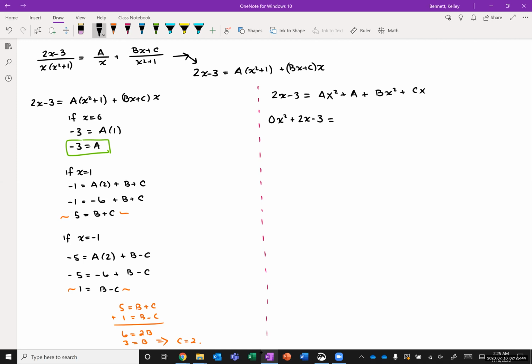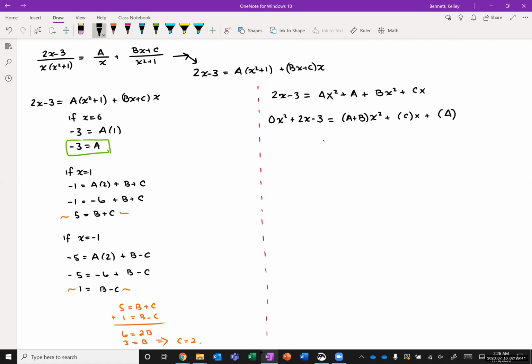And then all my x squared terms, it's a plus b. And then my linear terms, I have c. And then for my constant terms, I have just a. Okay, cool. So this is already great because I can see right off the bat by looking at it, c is 2, a is negative 3, done.